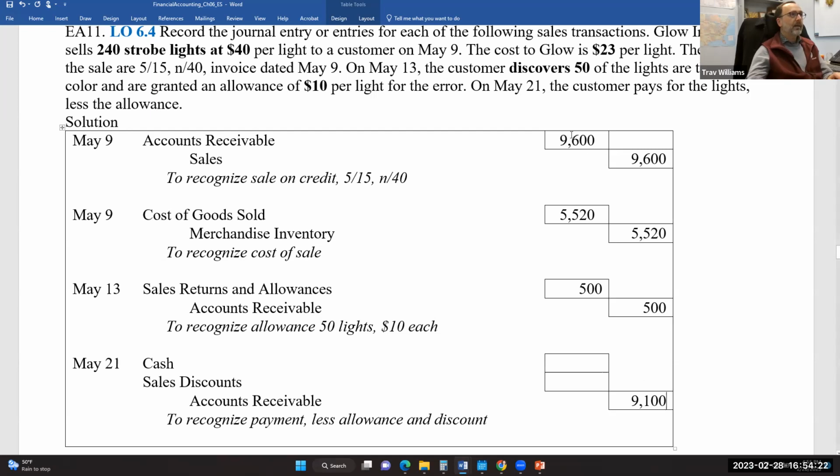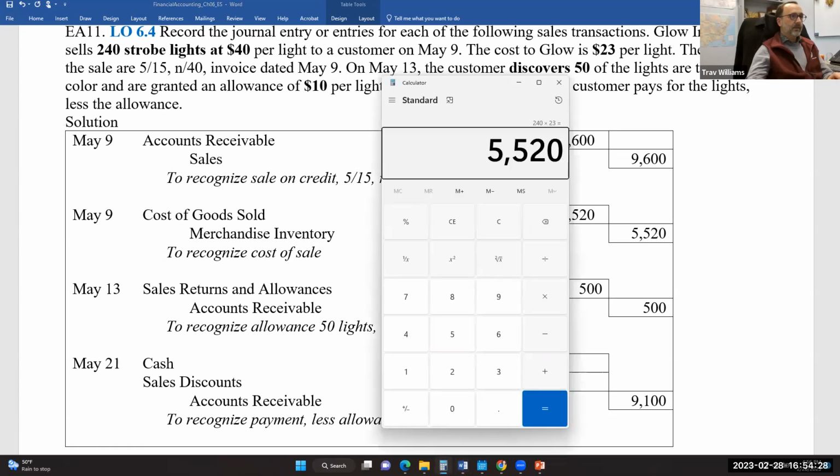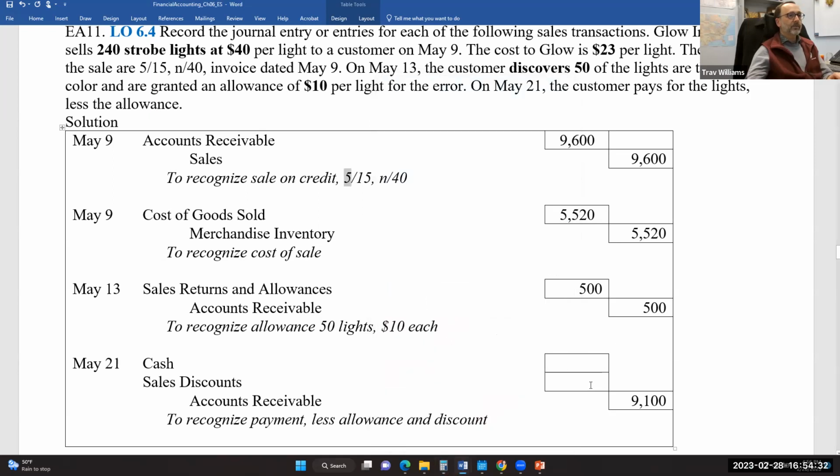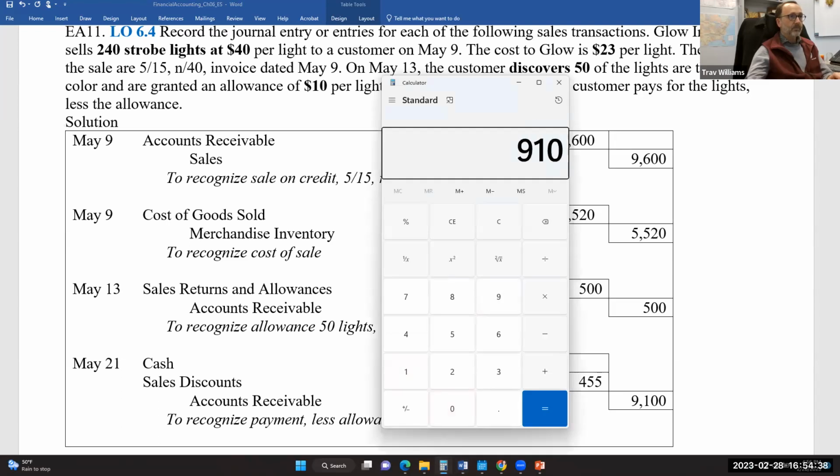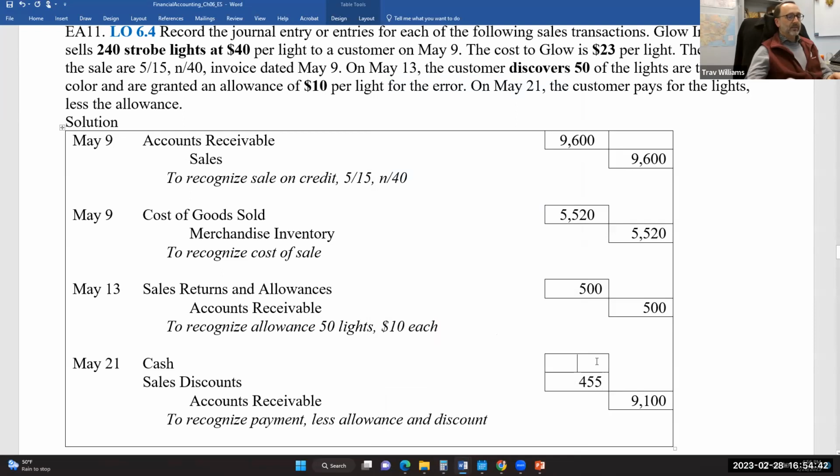We multiply that by the 5% discount. 9,100 times 5% is $455. We subtract that from what they owed, and they paid the difference, $8,645.